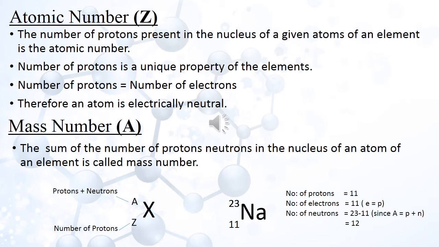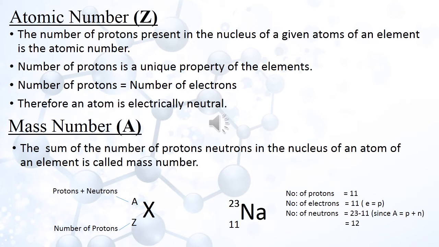Their mass is very little relative to neutrons and protons. Therefore, the mass of the atom is almost the number of protons plus the number of neutrons. So, the sum of these two is considered the mass number. Mass of the protons and mass of the neutrons, we take as the mass number.